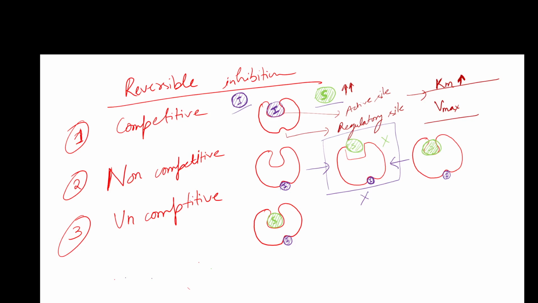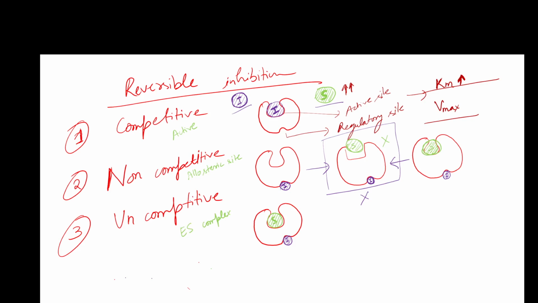So here in this case, I can say in competitive inhibition, the inhibitor binds to the active site, and in non-competitive inhibition, it binds to the allosteric site, and in uncompetitive inhibition, it binds to the enzyme substrate complex and inhibits the activity of enzymes.